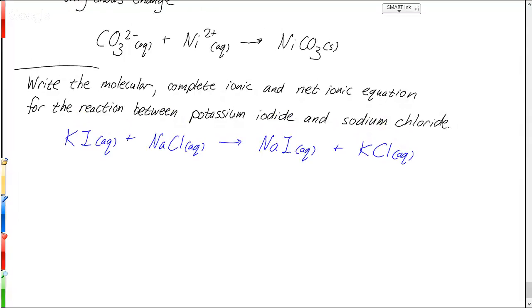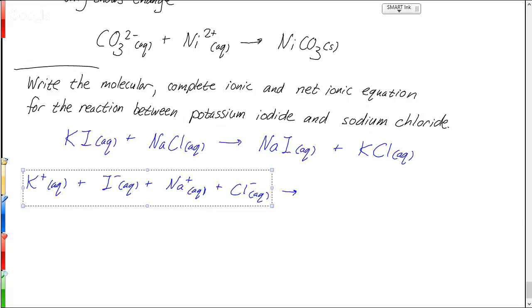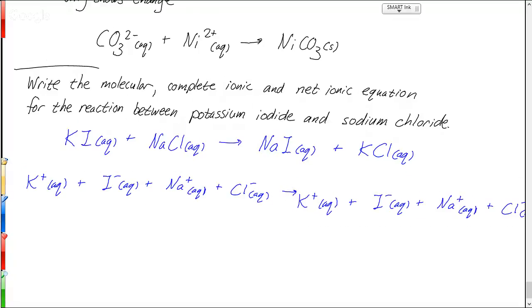If we write the complete ionic equation, we can kind of see why that's a problem. All of these are going to get split up in solution. And I can actually copy this entire list of stuff and put it over on the other side too, because it's all the same.